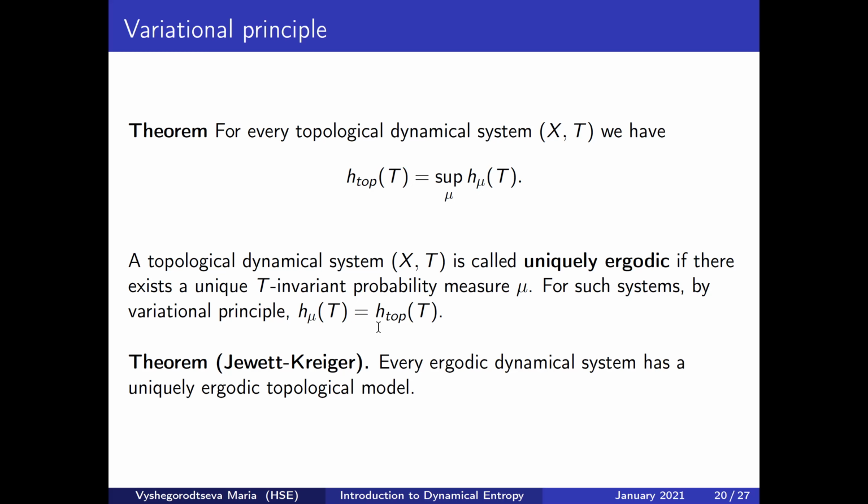Then we have a theorem by, I'm not sure how to pronounce these surnames, but I think it's Jewett and Krieger. They state that every ergodic dynamical system has a uniquely ergodic topological model.